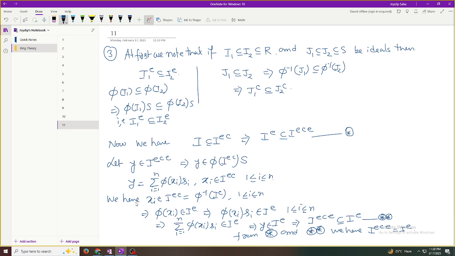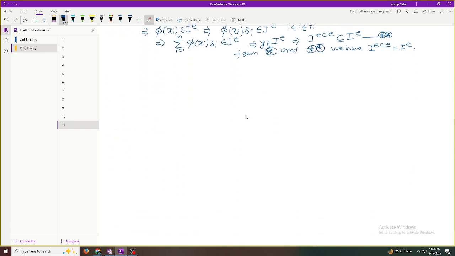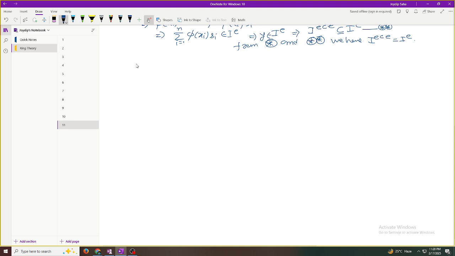Similarly, you can prove that J contraction extension contraction equals J contraction. Homework, I should write here homework.